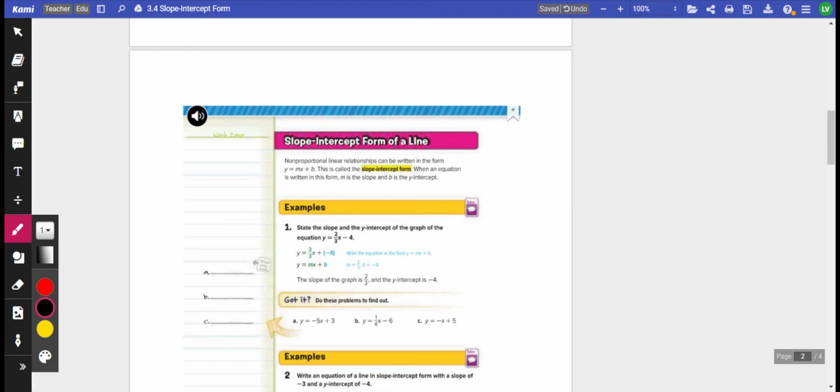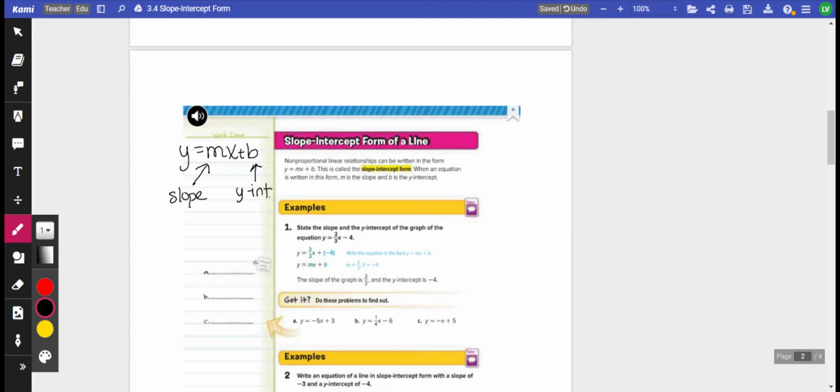When an equation is written in this form, m is the slope and b is the y-intercept. So over in the work zone, I'm going to add in y equals mx plus b, and I'm going to draw an arrow to my m, which represents my slope, and b, which is my y-intercept.